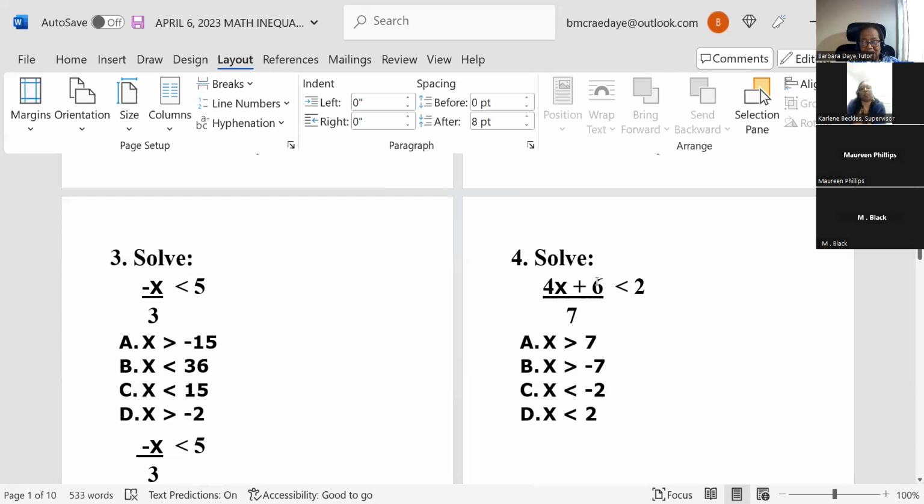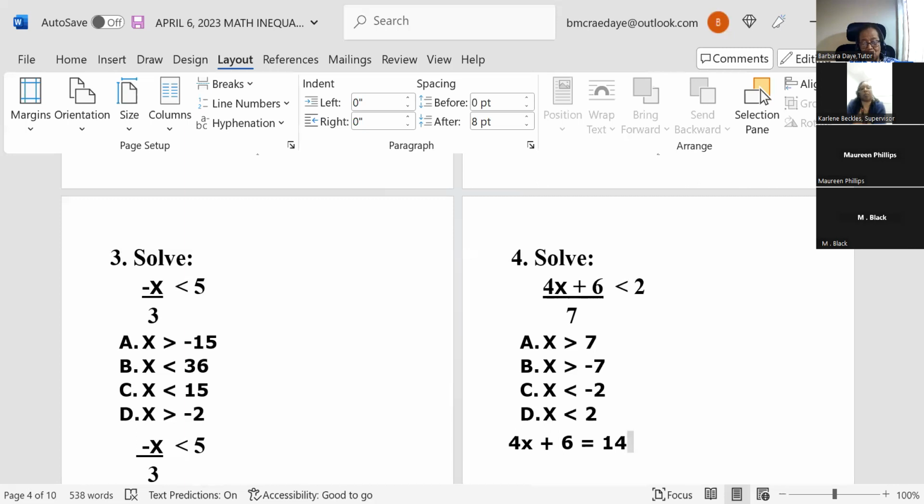No, this whole thing is 14. So you could say 4x plus 6 equals 14, right? Isn't that true? 14 over 7 is 2, right?